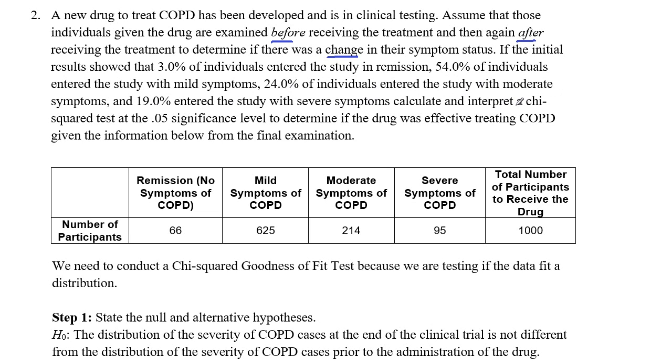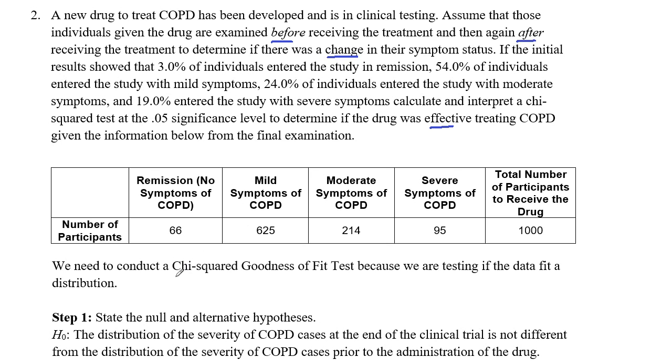We're going to calculate and interpret a chi-squared test at the 0.05 significance level to determine if the drug was effective. So if the drug's effective, then the percentages here should change. Of course, it would need some extra interpretation to decide if they changed in a positive manner or a negative manner.